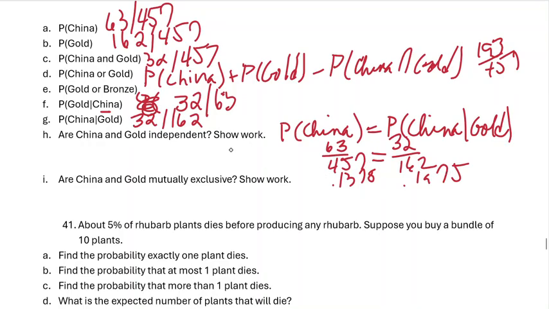Are they the same? The answer is no, because they are not the same. They are not independent.